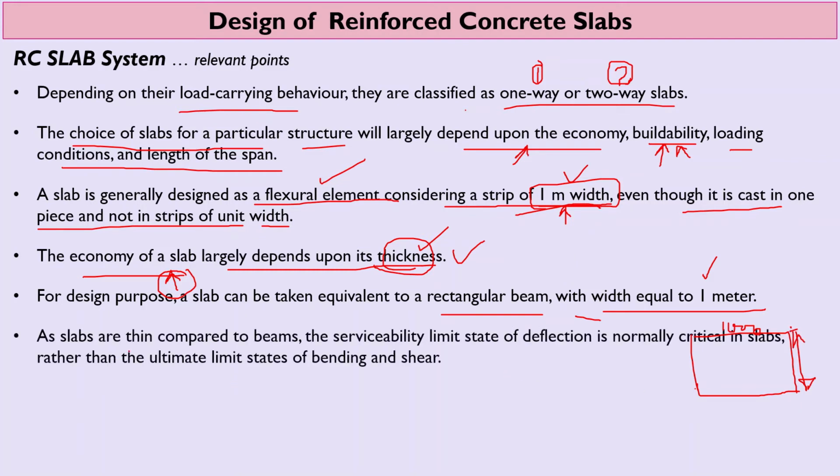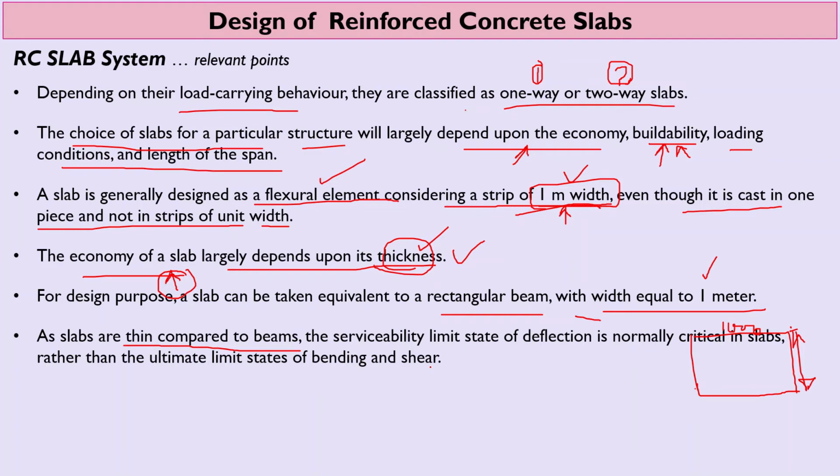Now the slabs we are going to discuss are thin compared to beams, having comparatively lesser depth. You may have designed various types of beams, and their depth generally varies from 400, 450, 500, 550 and so on.